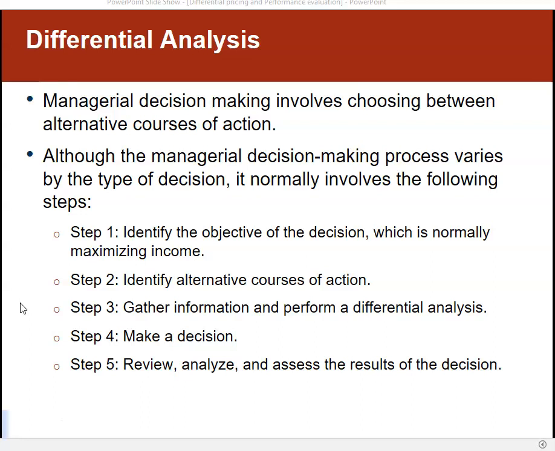Step three, it says gather information and perform a differential analysis. So one of the things about accounting, all types of accounting that you've probably figured out by now, is that we use a lot of estimates. Because we have to have some type of idea about what we're going to do.